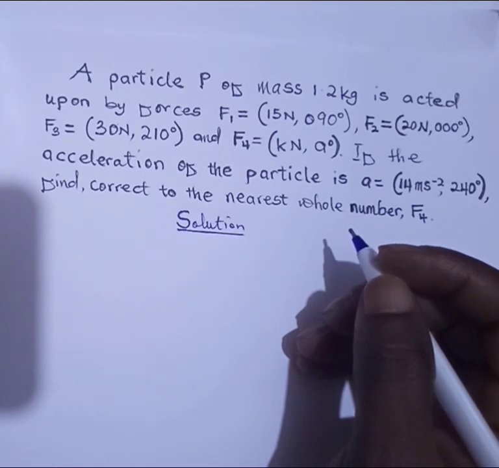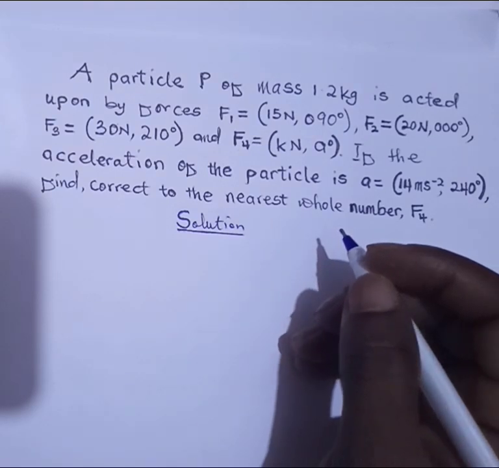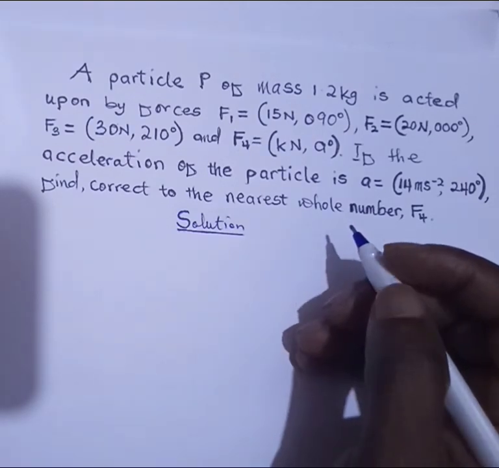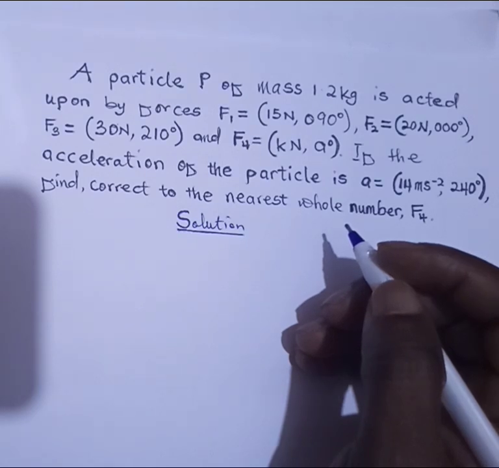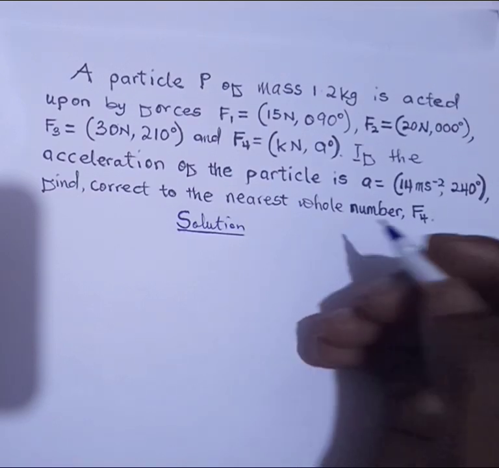Okay, so we are going to look at another question. In this question, it says a particle P of mass 1.2 kg is acted upon by forces F1, which is giving us 15 Newton in the direction of 90 degrees.